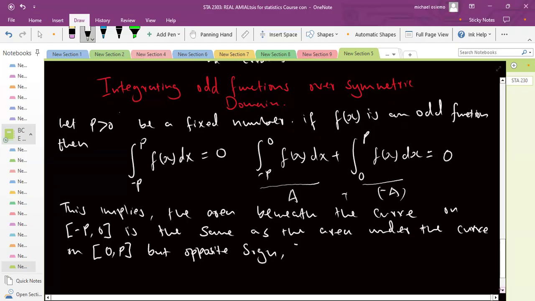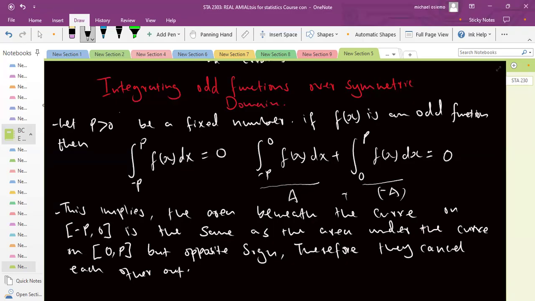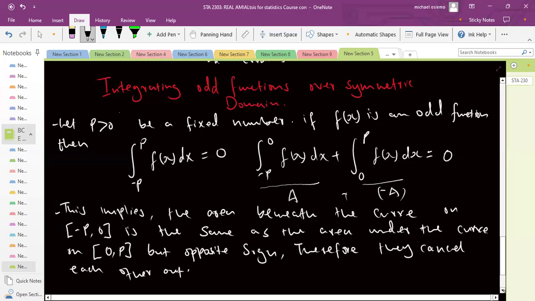And therefore they cancel each other. So you can see one will become positive, the other one negative, and therefore when you add the two of them, you get definitely a 0.